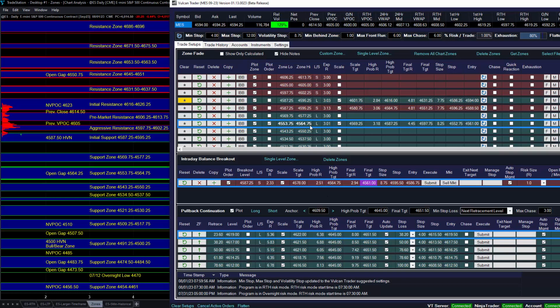High probability target is the larger time frame support, the multi-day balance area low, and the final target is within that zone, and the final target might get adjusted by a little bit, but you can see it doesn't make a huge difference in the reward to risk. So we'll come back to that final target once we've tweaked the long setup at the balance area low.